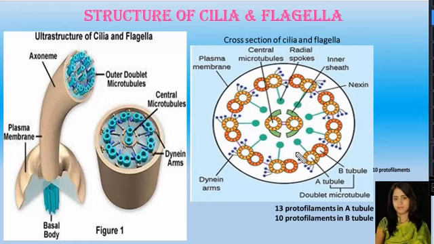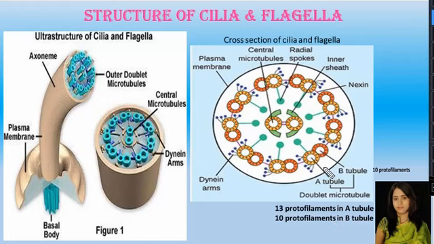Whereas each peripheral microtubule consists of two tubules. One is tubule A, this is tubule A, and this is tubule B. In tubule A, there are 13 protofilaments present, whereas in tubule B, there are 10 protofilaments.